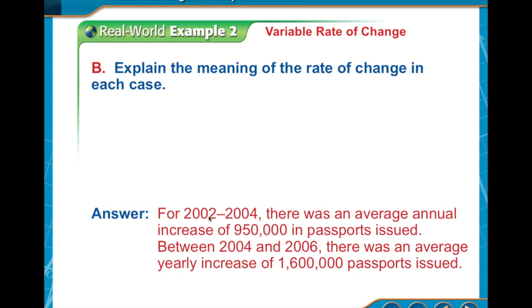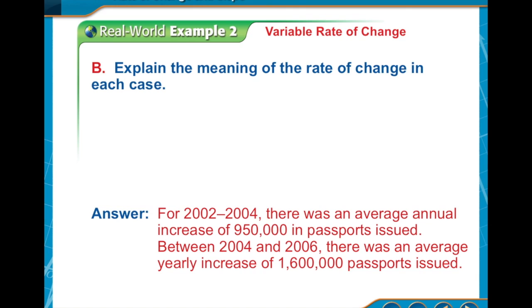So for the first 2 years, 2002 to 2004, there was an average annual increase of 0.95 million passports issued. That's the first one. We found that number. Then between the second period, 04 to 06, there was an average yearly increase of 1.6 million passports issued.